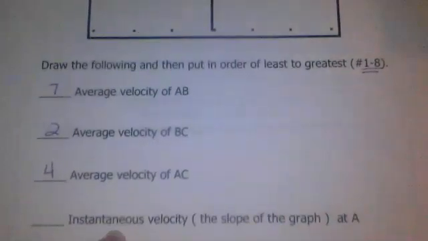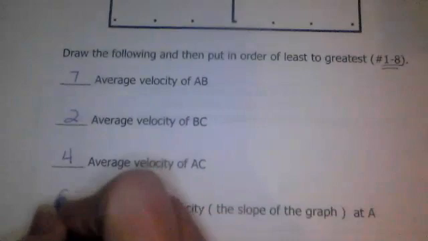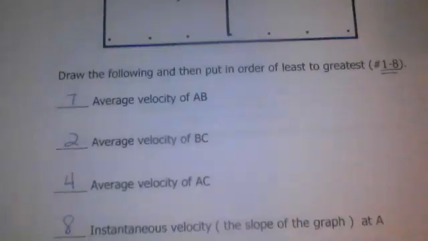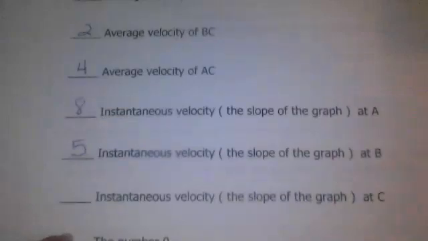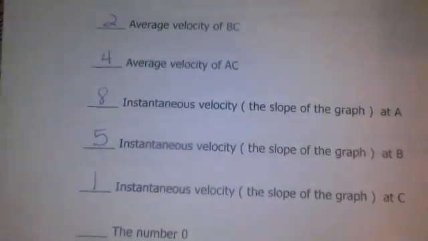Instantaneous at A, that's this one, so that's going to be 8. Instantaneous at B, that one was up there at the top, here, so that's 5. Instantaneous at C, that was the last one, that one's going to be 1. And then our 0 was 3, and the slope of 1 was 6.